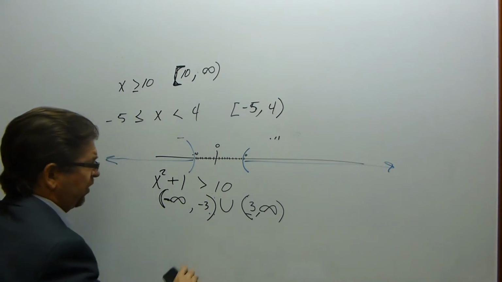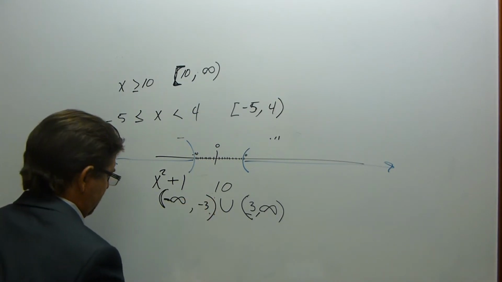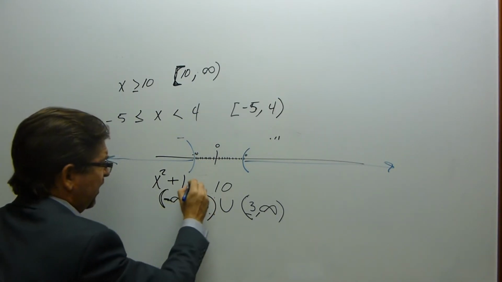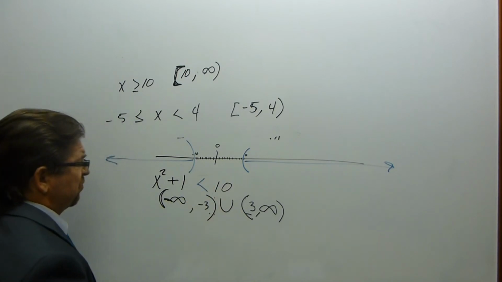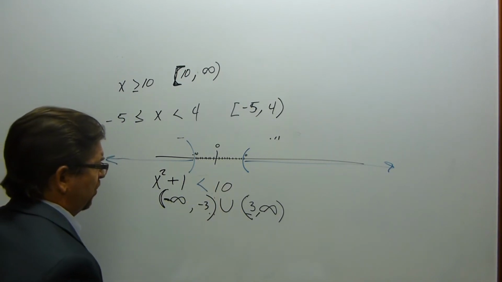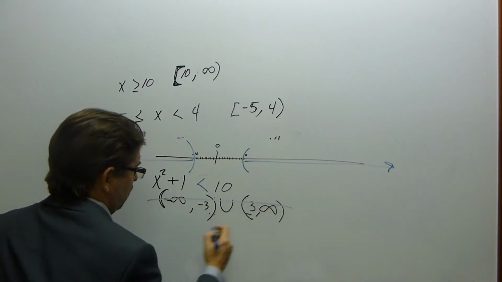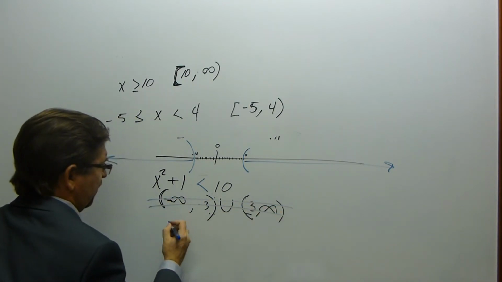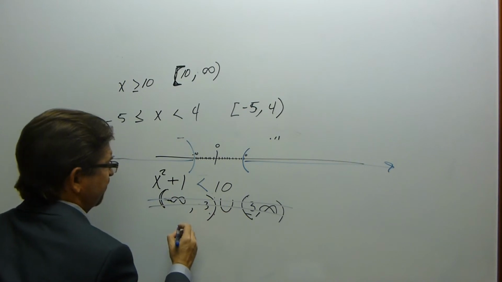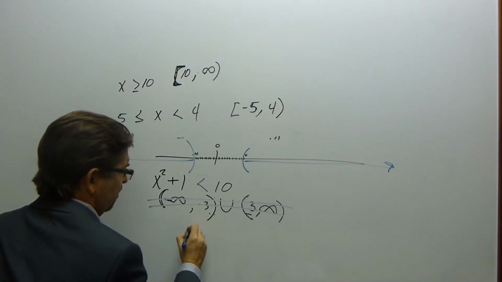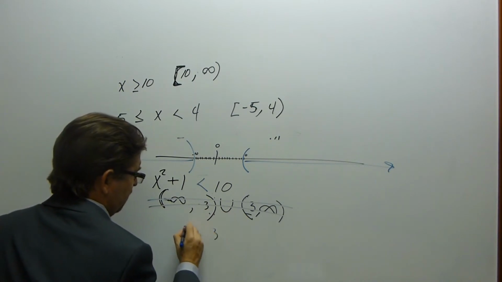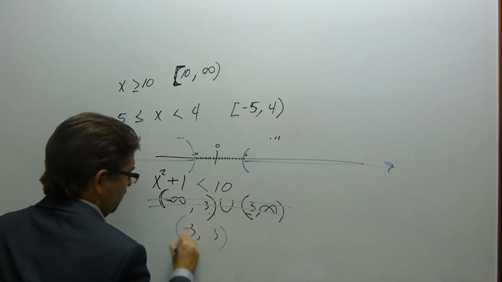Okay, let's change this up a little bit. What if we have, instead of greater than, what if we have less than? Okay, good. Well, in that case, we have not this anymore. We now have right up to 3, right up to negative 3.